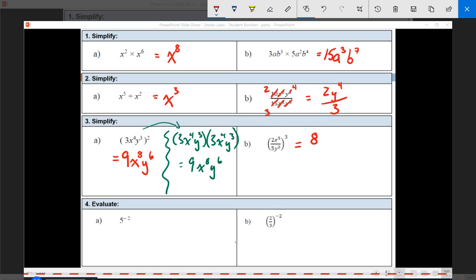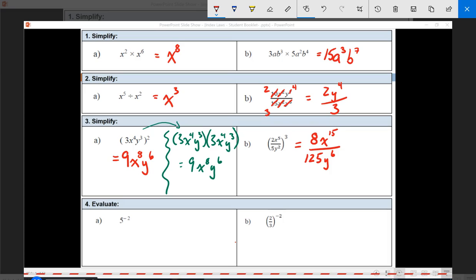X to the 5 cubed is x to the 15. 5 cubed is 25 times 5, 125. Y to the 6. Now, we then ask ourselves, can we simplify? And I don't think we can. No, nothing goes into both 8 and 125.